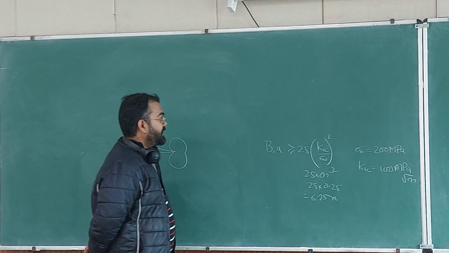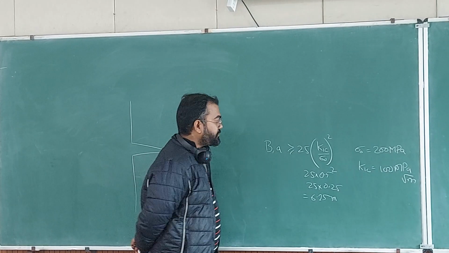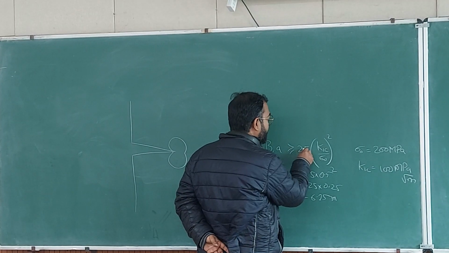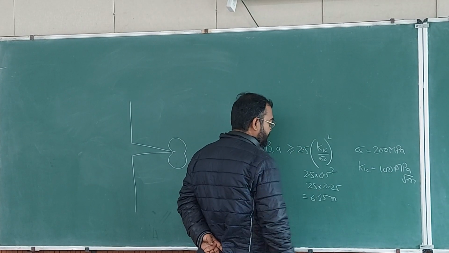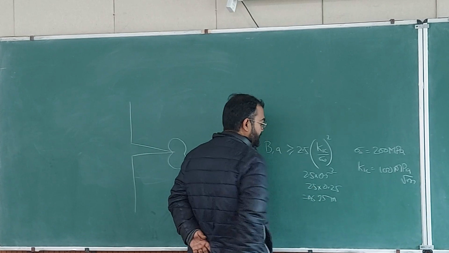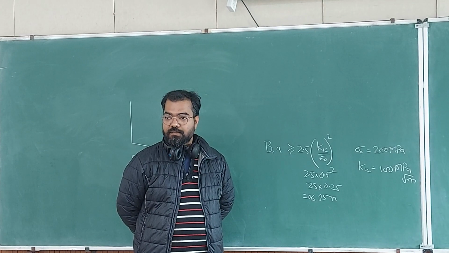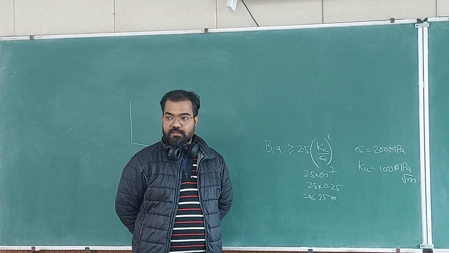So, is it 25 or 2.5? So 2.5, because that is completely unrealistic. 0.625, so this is 0.625 meters. And how much is 0.625 meters? 625 millimeters, so 62.5 centimeter.